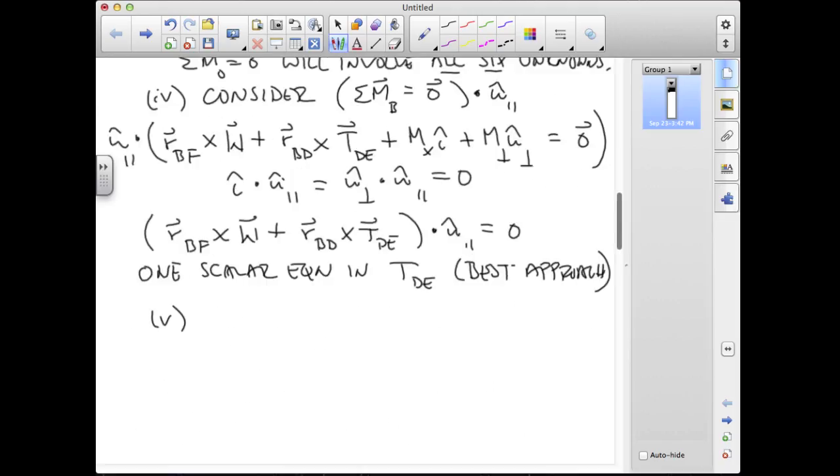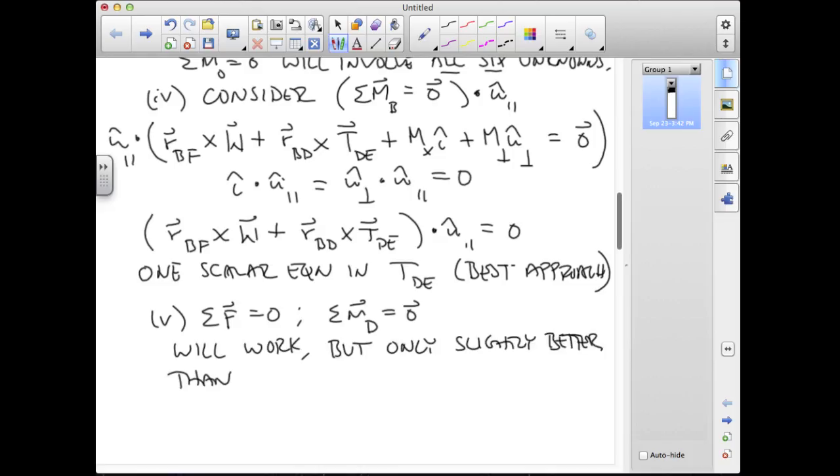Finally, in the last approach, we have the sum of the forces in F equals 0 and the sum of the moments about D equals 0. Again, this will work, but this is only slightly better than case 3. Why is that? Well, if I take moments about D, the tension in DE won't contribute anything. It will involve 5 instead of the full 6 unknowns.